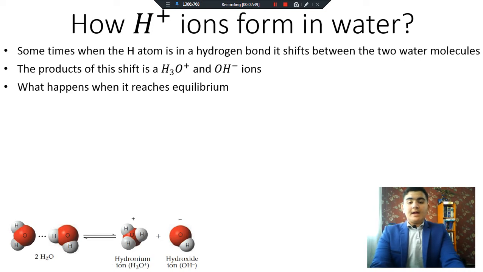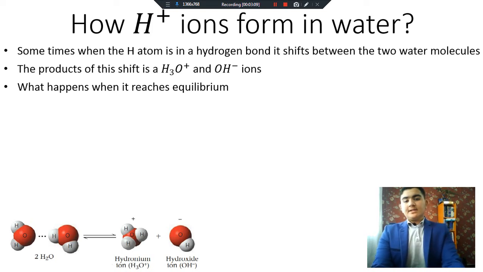H plus and OH minus ions are very reactive, so changes in their concentrations can drastically affect a cell's proteome and other complex molecules of a cell. I should have told you in the beginning that proteome means all the proteins that exist inside a cell.